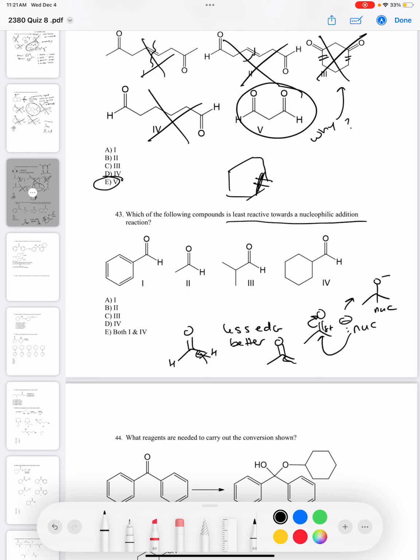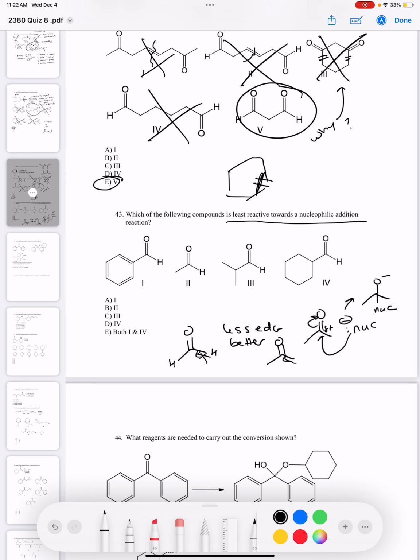I'm looking for an aldehyde. When I look at the aldehyde, let's see. I think all of these are aldehydes. So then you have to think about which one is donating the least electron density. And this is kind of a tricky one.